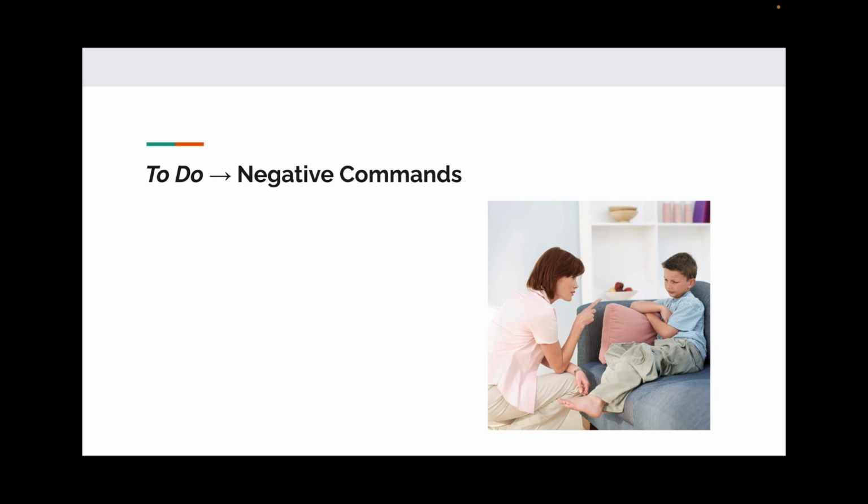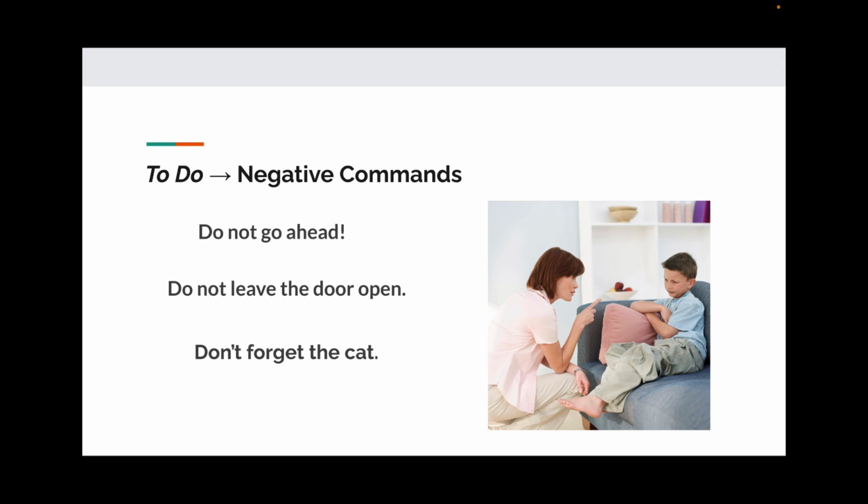Now let's talk about negative commands. Do not go ahead. Do not leave the door open. Don't forget the cat. As you can see, negative commands only really differ from positive commands because of not, and you can use contractions like don't.